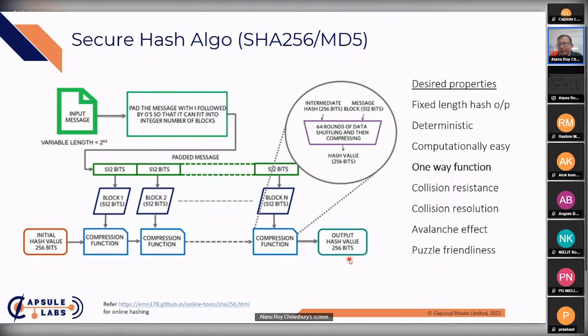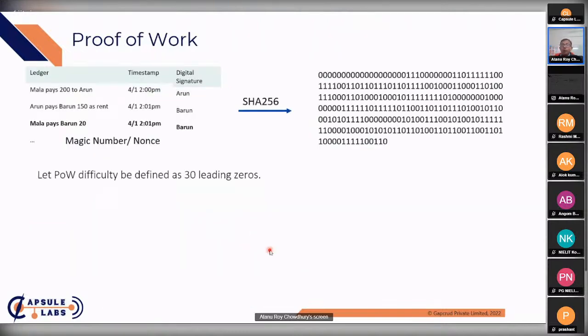I have to find this out given that my hash function has these properties, where any kind of backward computation is very, very difficult. So how could I find this? What nonce would satisfy this condition, that the hash of ledger plus nonce matches this POW difficulty, right? That's my question.